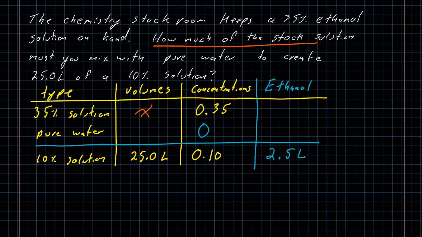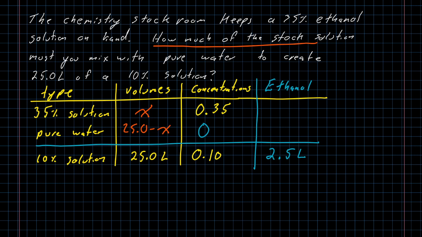I don't know what the volume of pure water is, but I know that if I add x plus the volume of pure water, I have to get the 25 liters of the solution that we are going to be using. The only way that works is if the volume of pure water is 25 liters minus x.